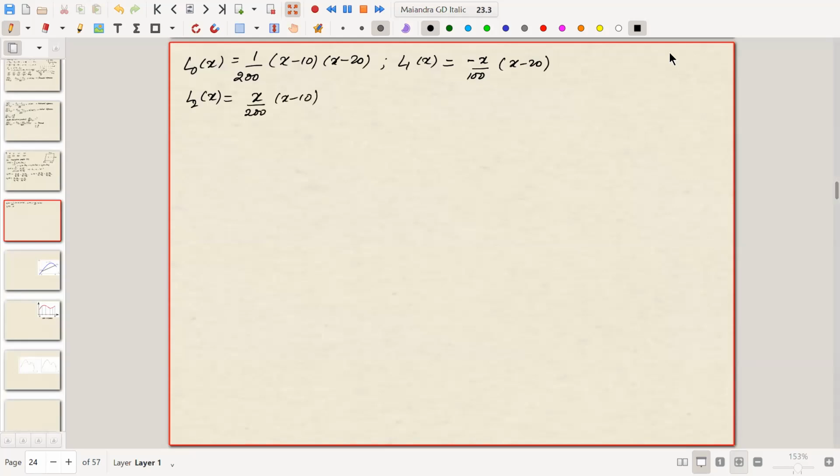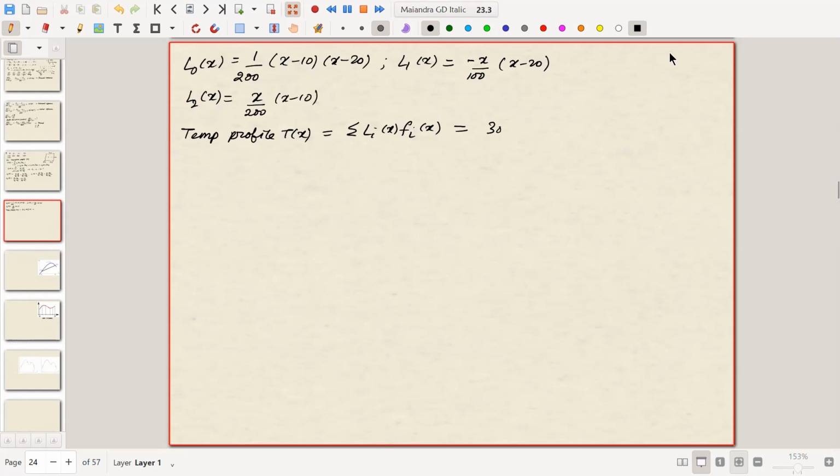Now, the temperature profile, which is T of x, is the summation of Li(x) into Fi, right? That L0 we know, but what are Fi?